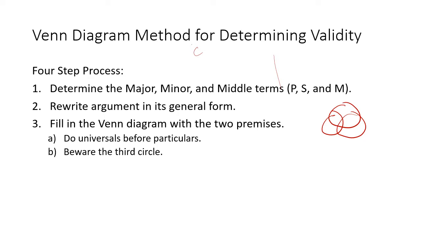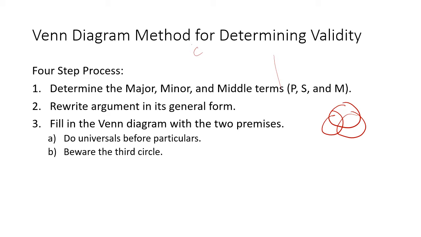And in doing these two premises, I just want to mention a couple things. First of all, if given a choice between doing a universal and doing a particular, you always do your universals first. You always indicate what areas are empty before you go around putting X's into things, because an X can't go in an area that would be empty.